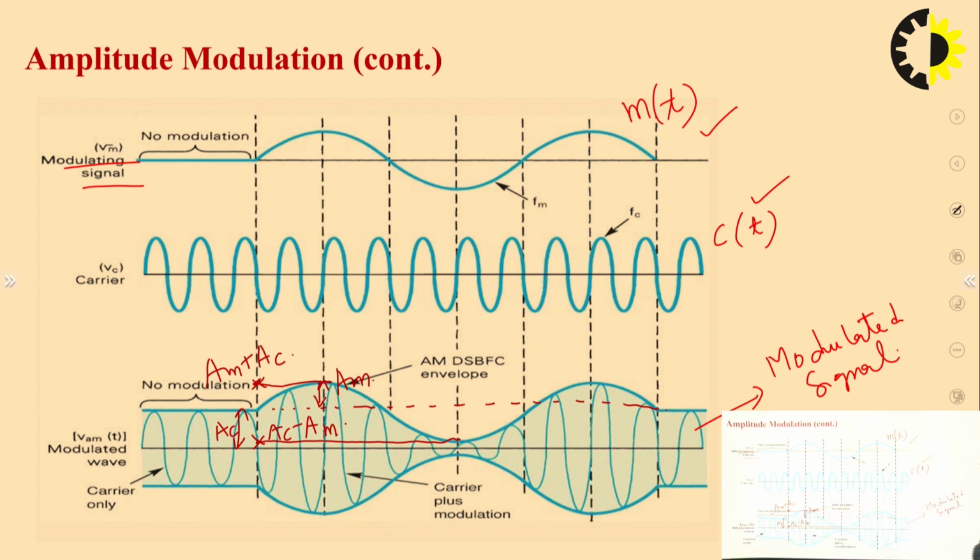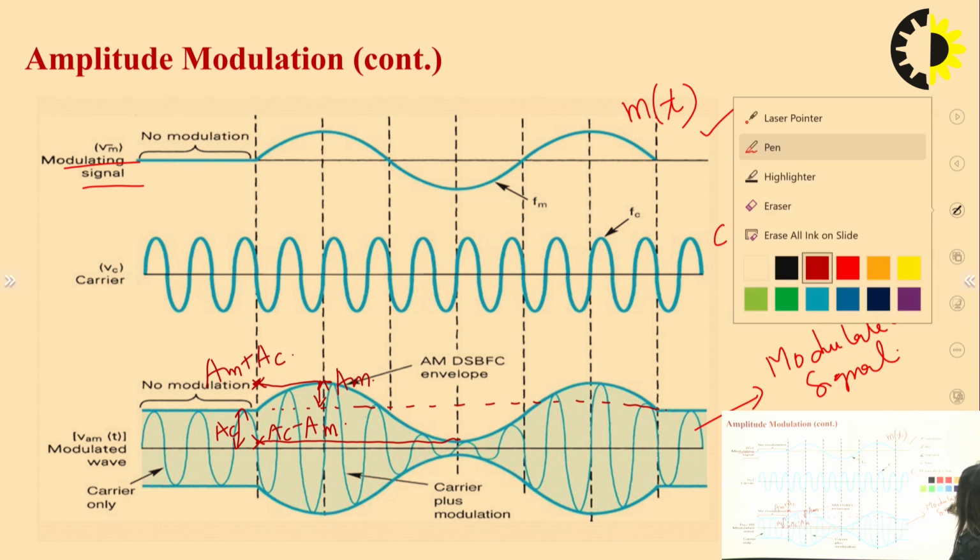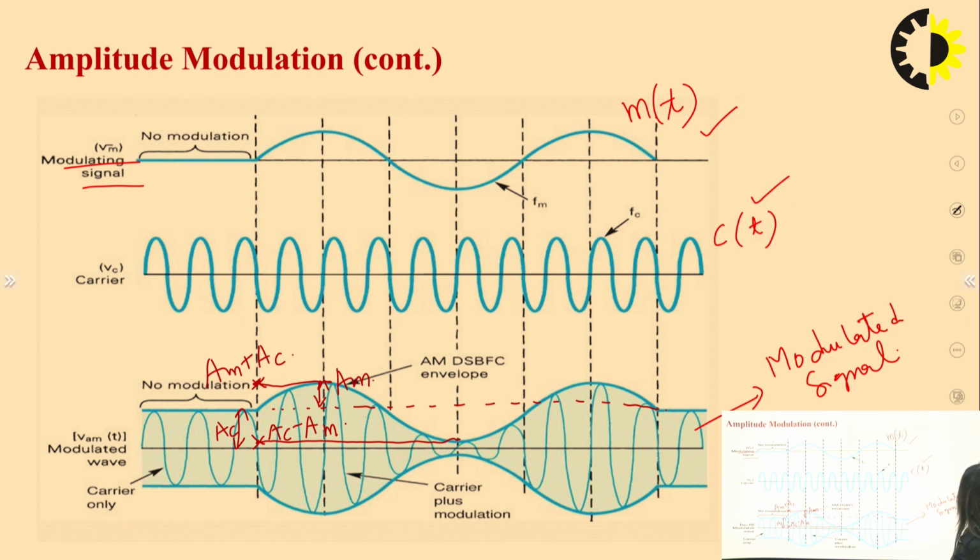Now mu is equal to AM by AC, so this AC is greater than AM.